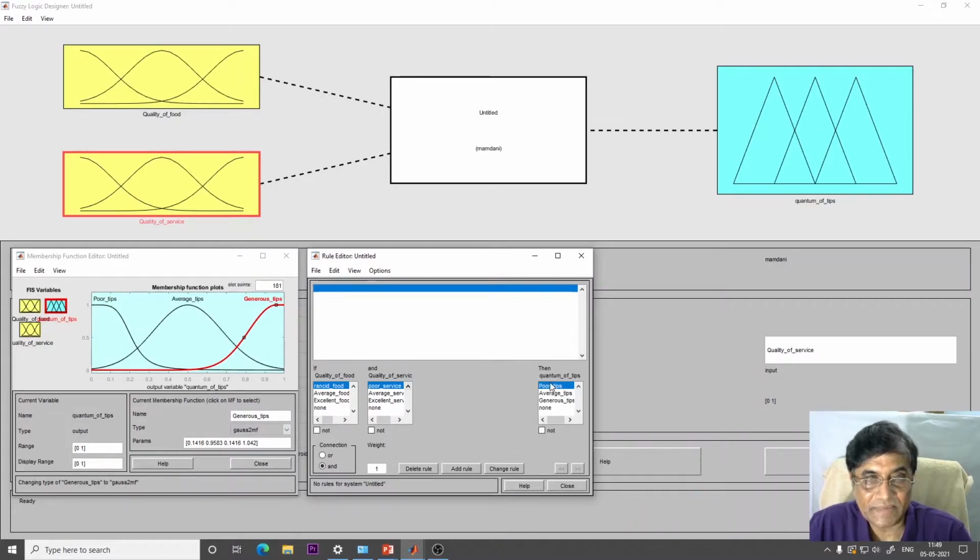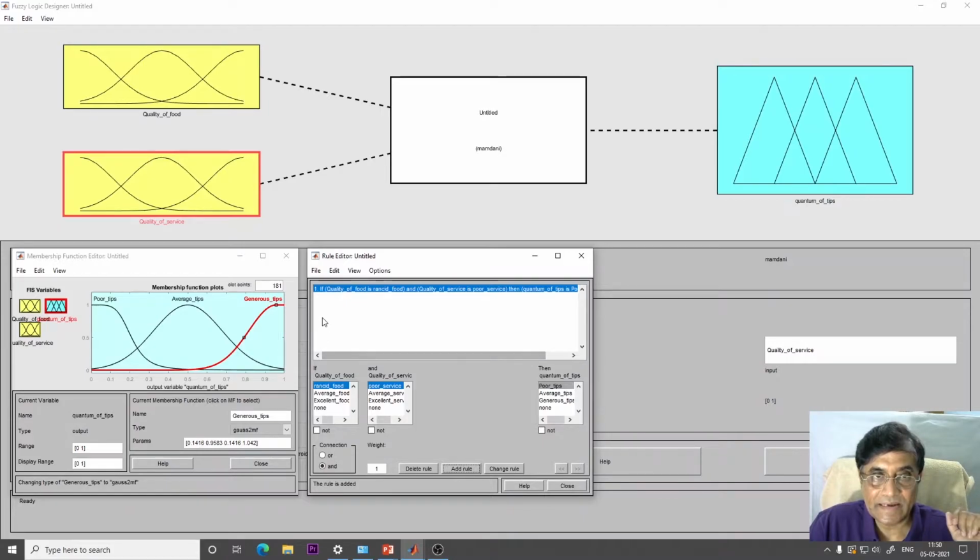It is suggesting that to me. I can change anything; I can say no, I'll give generous. But you see, this expert system tool is helping you with the design. If the quality of food is rancid, is bad, and the quality of service is poor, then the quantum of tips is poor tips. So this is my knowledge being captured in the form of an if-then rule, a fuzzy rule.